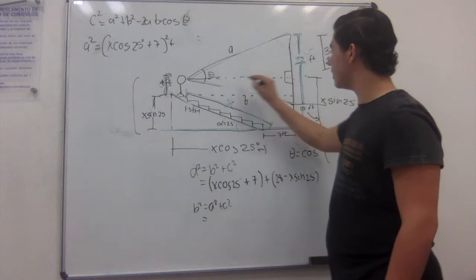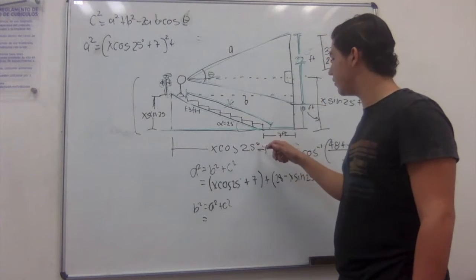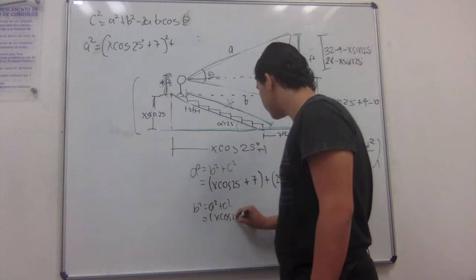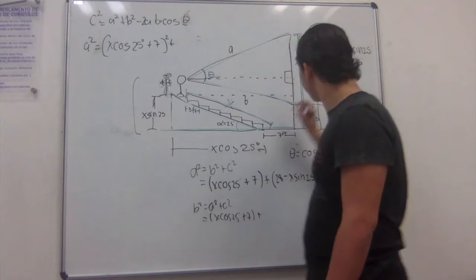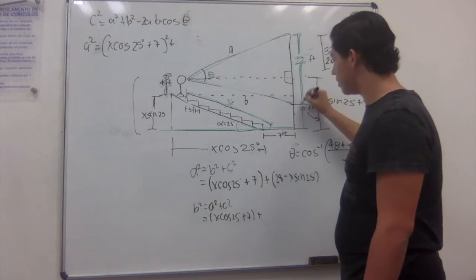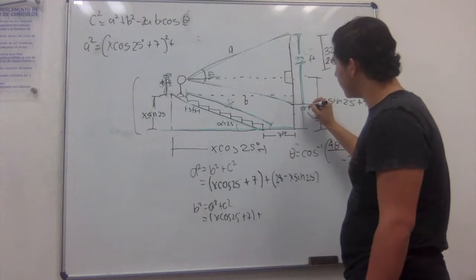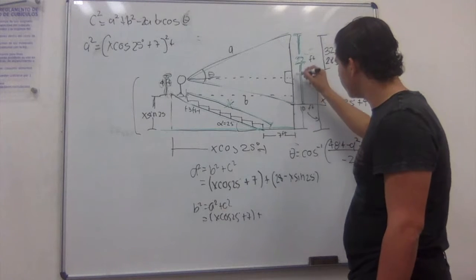This part we said before measures x cosine of 25 degrees plus 7, plus this side. For this side we know that this part measures 10 up to here.